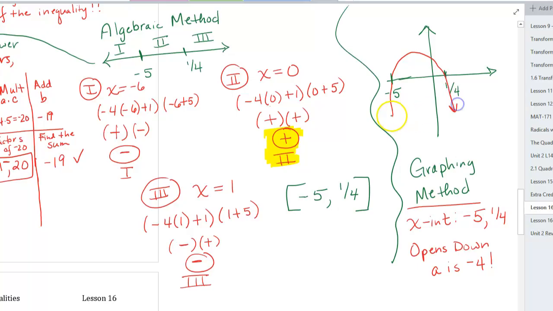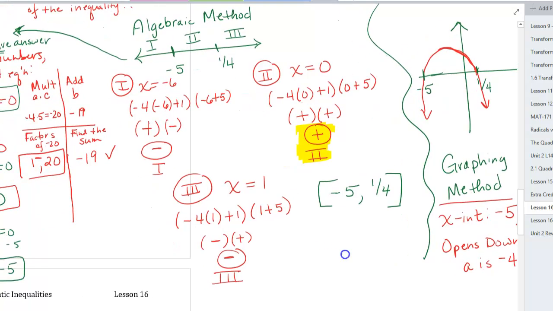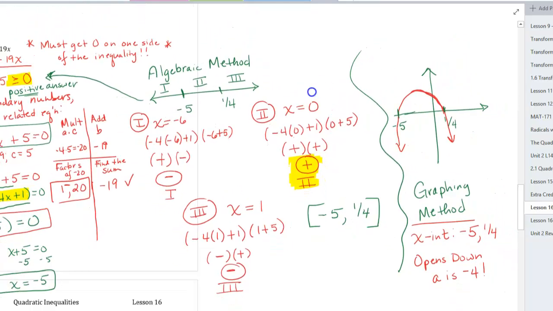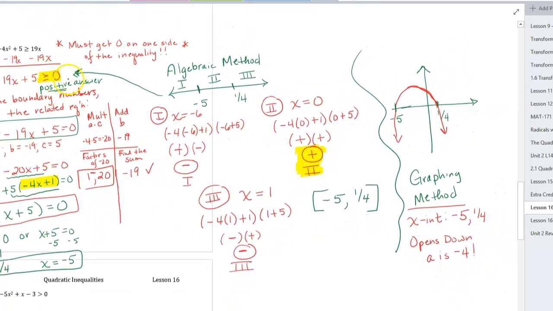Now, it doesn't really matter that we get the vertex correct for these purposes, because what we're really looking for when we're solving a quadratic inequality is where the graph is either above or below the x-axis. And since my inequality was greater than or equal to 0, the values of y that are greater than or equal to 0 are going to be above the x-axis.